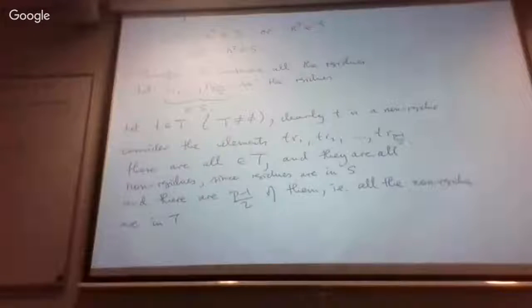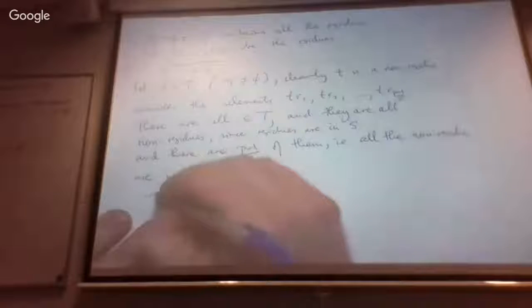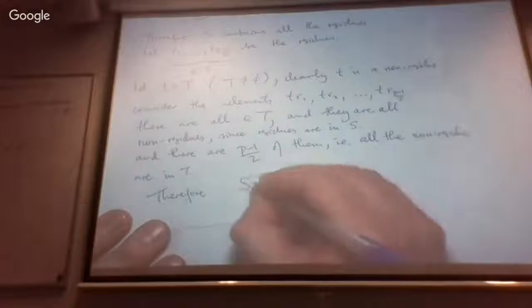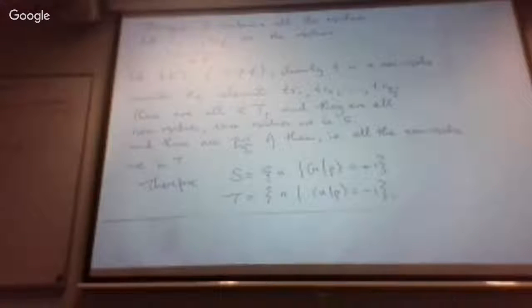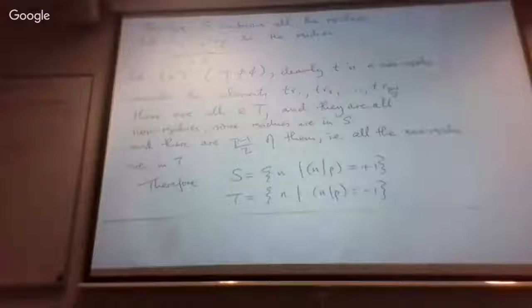So that proves the claim. S has to be the residues, T has to be the non-residues. There are no other elements. S equals the set of n with Legendre symbol (n/p) equal to plus 1, the residues, and T equals the set of n with (n/p) equal to minus 1, the non-residues. So that gives you this very strong uniqueness result.